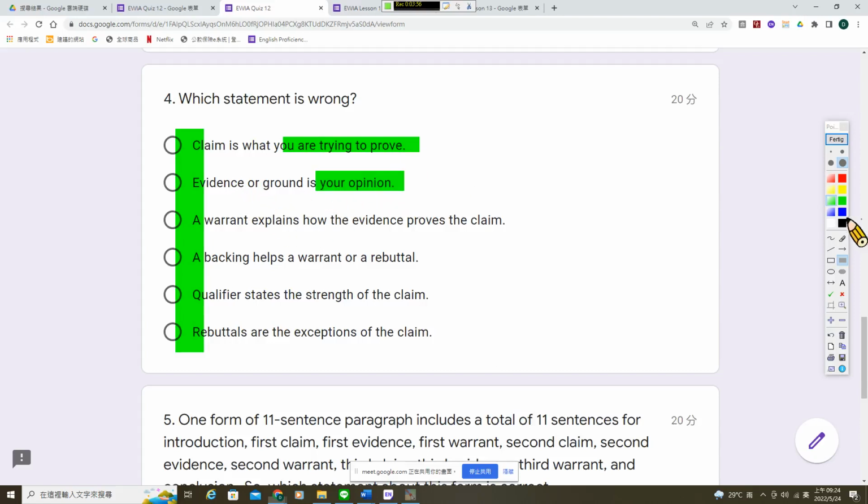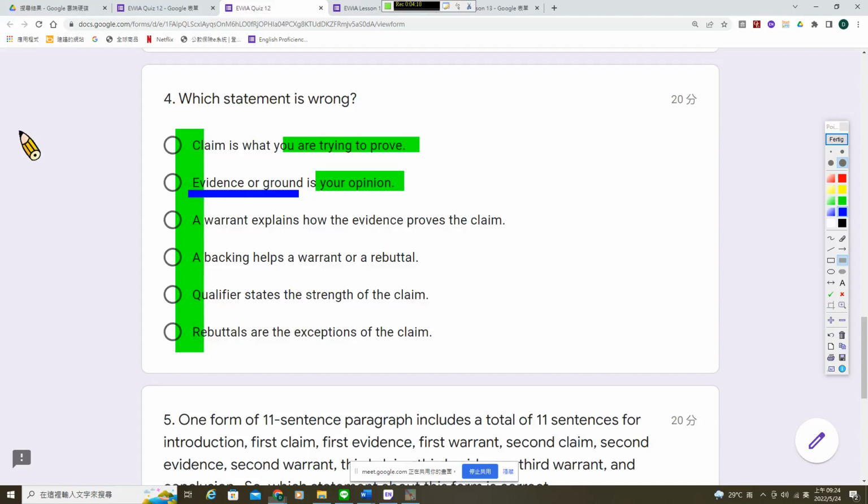This is wrong because when we say we provide evidence or ground, it has to be solid. It has to be proved by others. It has come out from some statistical analysis, some results, some findings from other people, other scholars' studies. So basically, evidences are grounds.